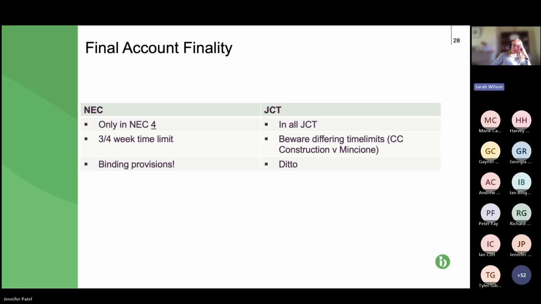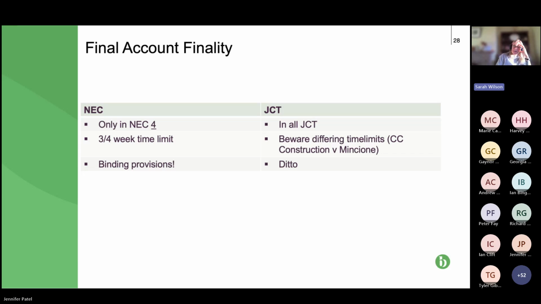In the meantime, we have always had in JCT some form of final account mechanism. Similar to what I described with NEC, it usually starts the mechanism at the end of the remedial period for the defects. But in the different contracts, there's typically a slightly different process. JCT has always had a provision that says that ultimately one party or the other is entitled to submit a final account or final statement.